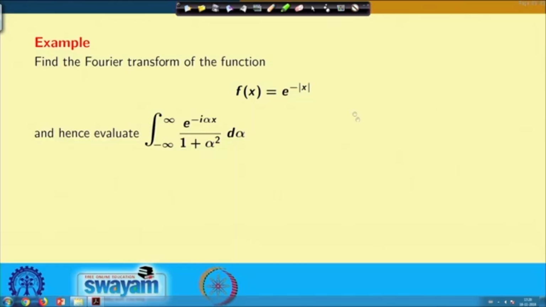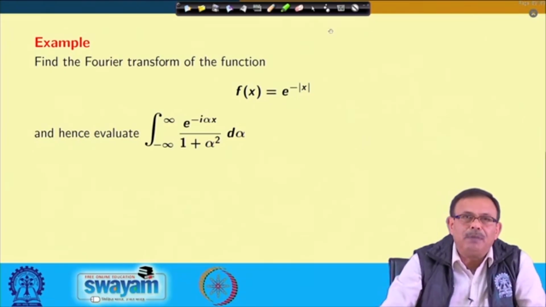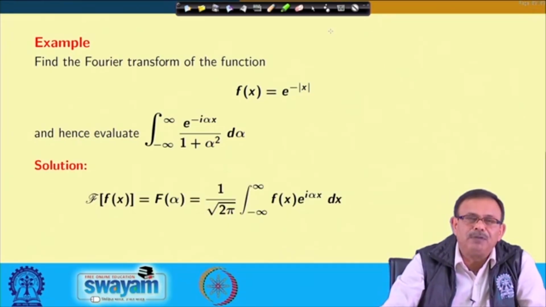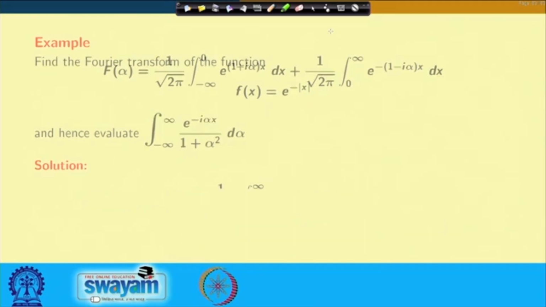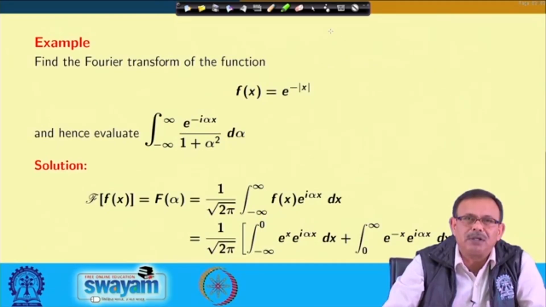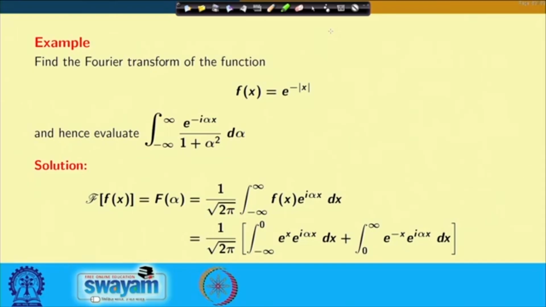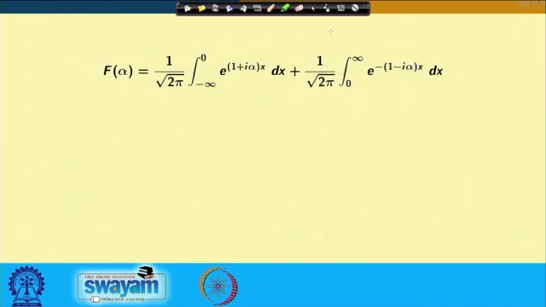Let me go through it quickly again. We have to find the value of this. I am writing the Fourier transform of f x as f alpha equals 1 by root 2 pi, minus infinity to infinity f x e power i alpha x d x. Since the function is given, I have to break it into two parts, minus infinity to 0 and 0 to infinity. In minus infinity to 0 it will take the value e power x, whereas in 0 to infinity it will be e power minus x.